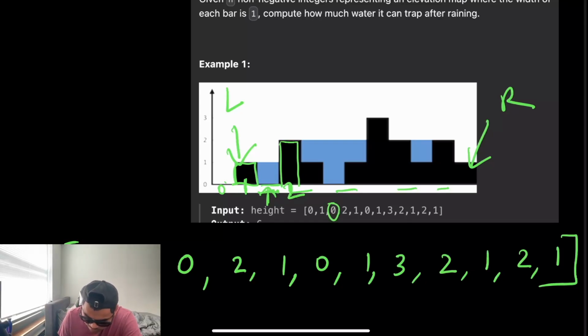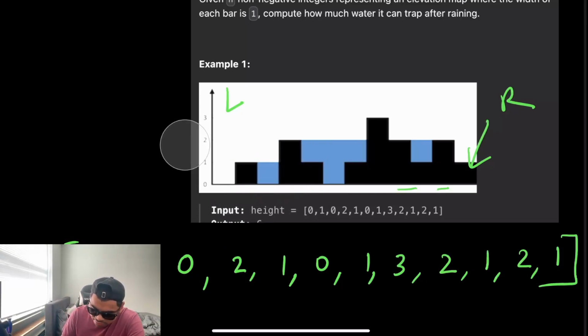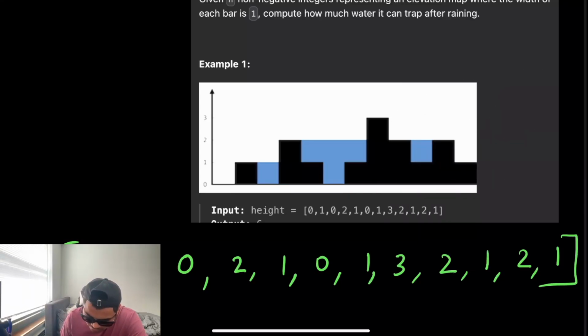To have a clear picture, I'm directly placing these on top. So this was 0, this is 1, this height is 0, this is 2. Now between these two bars there is this space that can trap water.